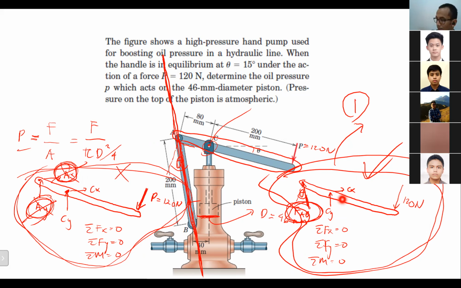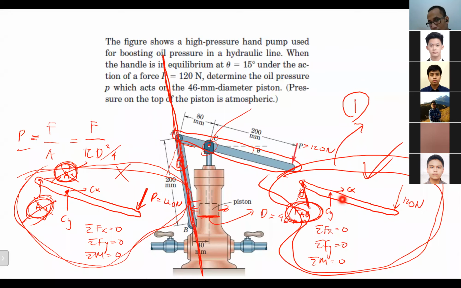Yes. Matthew. Are you assuming CY and CX because you don't know the angle? Yep, correct, because we cannot determine the angle. I'm not sure whether it's a two force member or not, because there is a piston there. If there is a piston there, there is a high possibility that there will be a normal force in that direction.